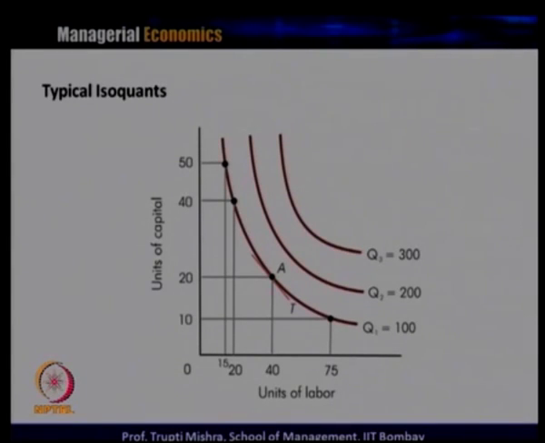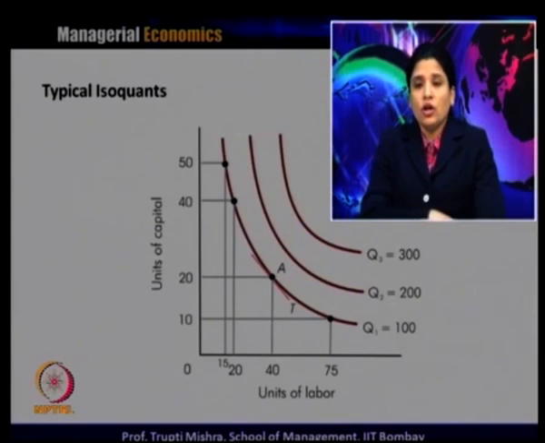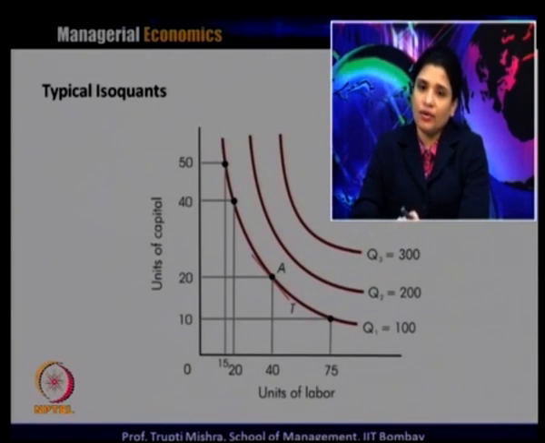So, an isoquant is the locus of combinations of different quantities of capital and labor which give the same level of output. Now, looking at the graph, Q1 is equal to 100 units of output, Q2 is equal to 200 units, and Q3 is equal to 300 units. On the y axis we are taking capital, on the x axis we are taking labor. What is the difference between Q1, Q2 and Q3?